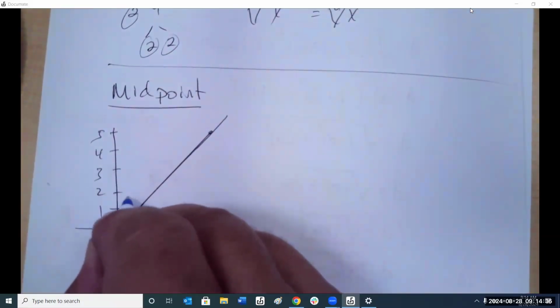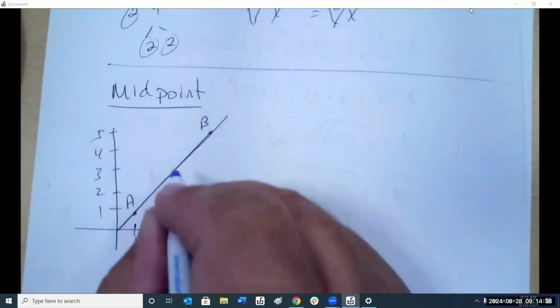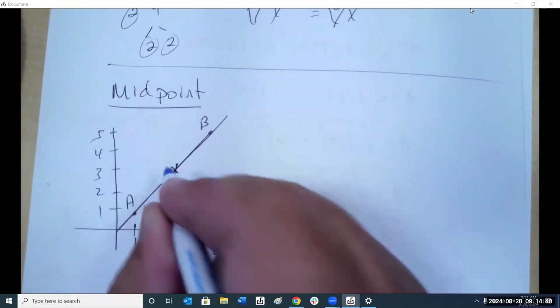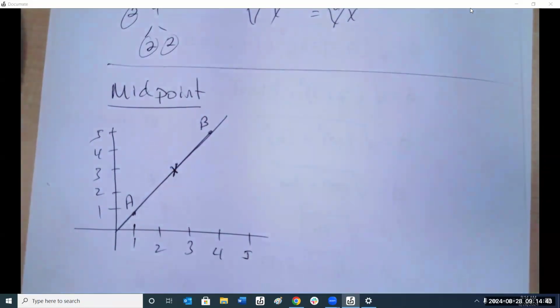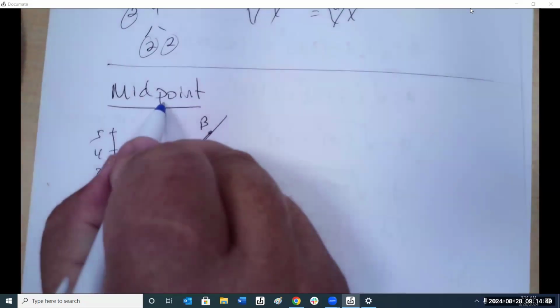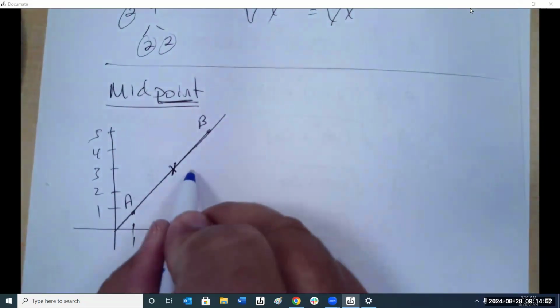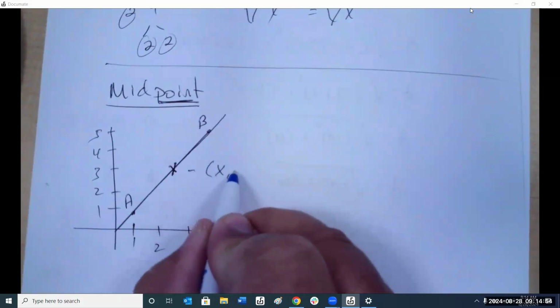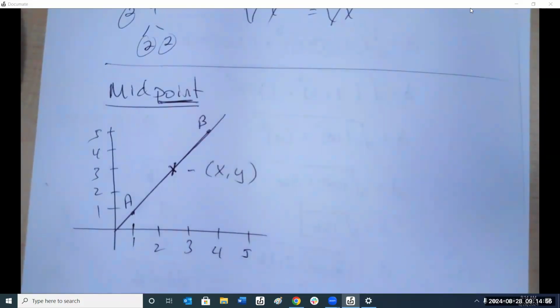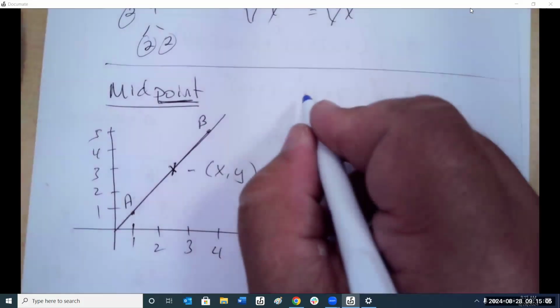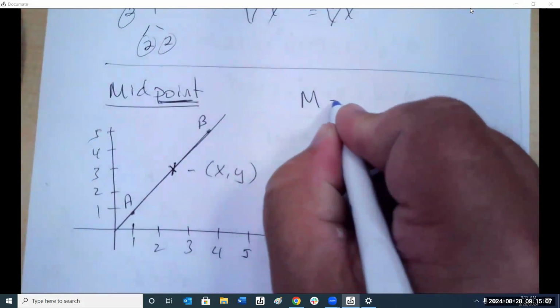So here's point A and point B. I want to know the location of the point halfway between point A and point B. Remember, it's a point, which means it has to have an X and Y component. Unlike the slope, which is little m, the midpoint is capital M.